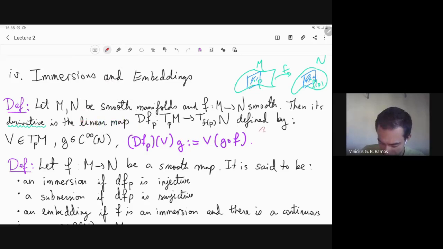So in a chart, the derivative has the expression of the derivative matrix.